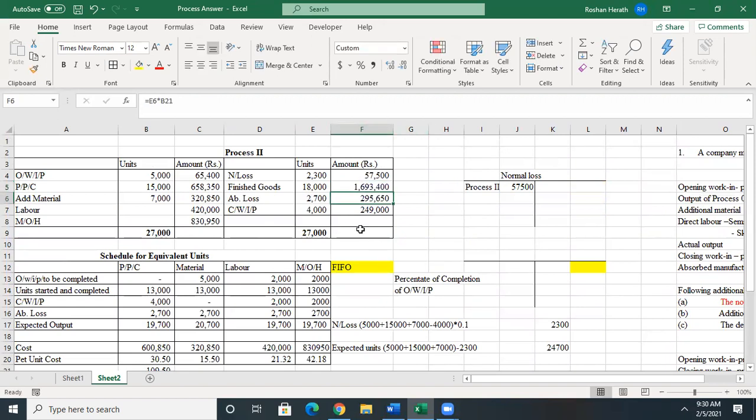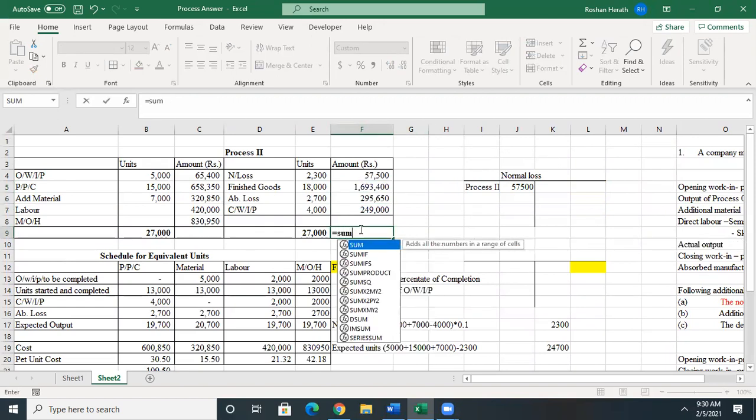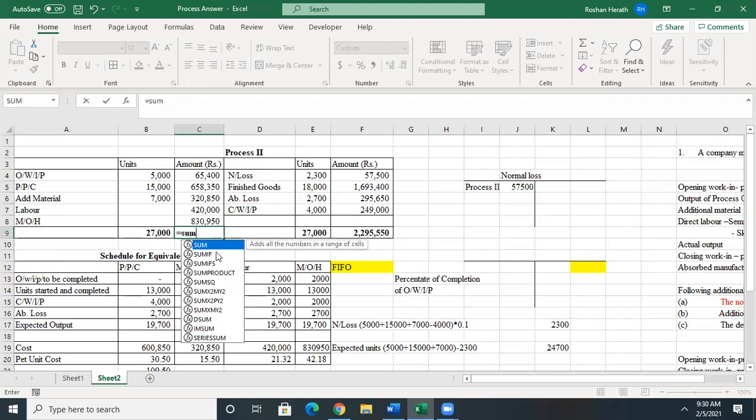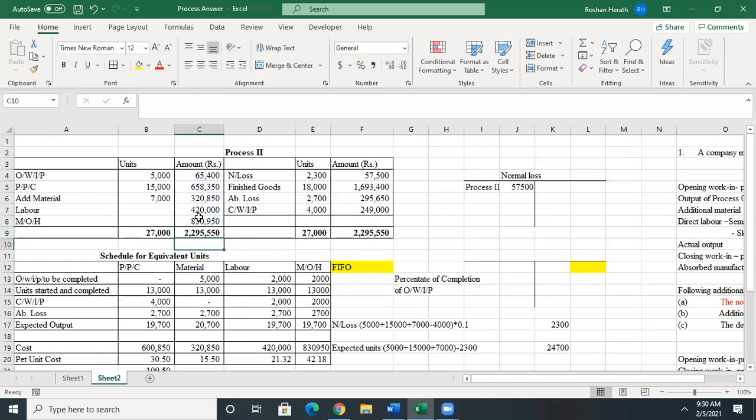This is it. So if you take the total, that should correspond to 2,295,450. So we take the summation over here. That should also be the case. Yes, that agrees.